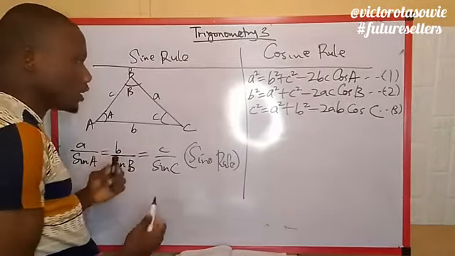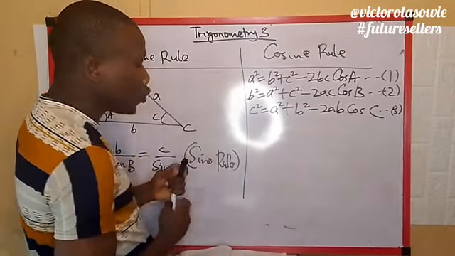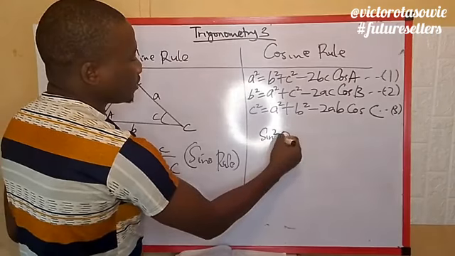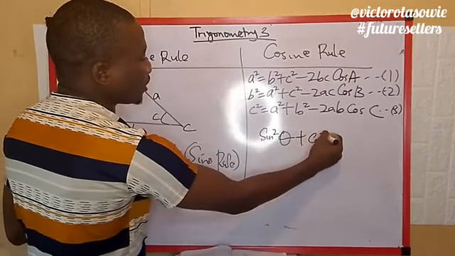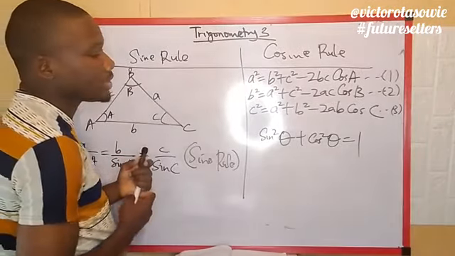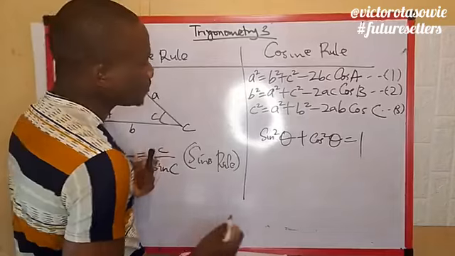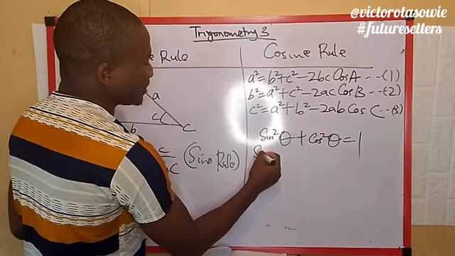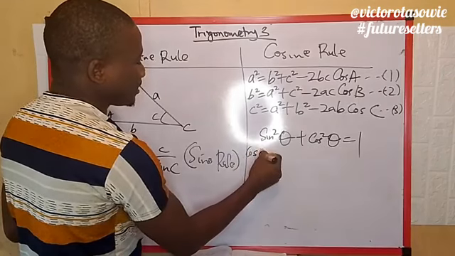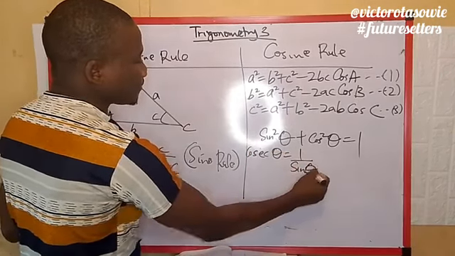Then another thing you need to take note of, which is not under the sine and cosine rule, but I will just let you know, is that sine squared theta plus cos squared theta is equal to 1. The second thing you need to know is that cosec theta is equal to 1 over sine theta.